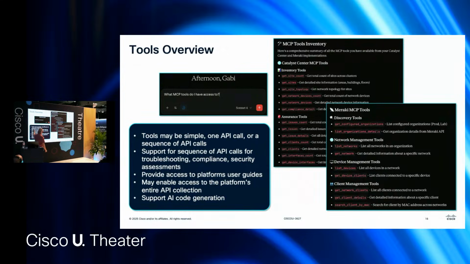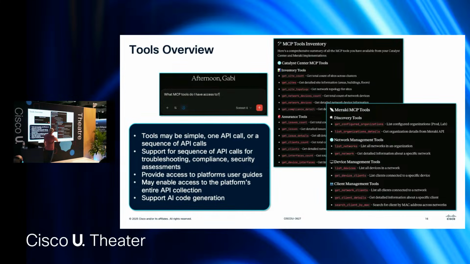So let's take a look at the tool options. Could be a single API. Do you see here any tools that could be one API call, only one API? Because there are some, like sites count. I think that's only one API. Get sites: if I have, let's say, less than 500 sites, it's one API call. So a lot of these tools could be only one API, but sometimes it could be a sequence of APIs.